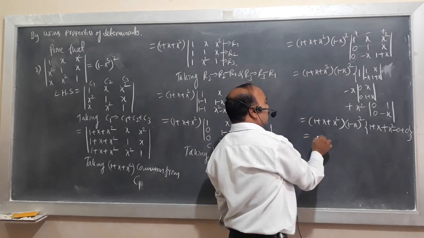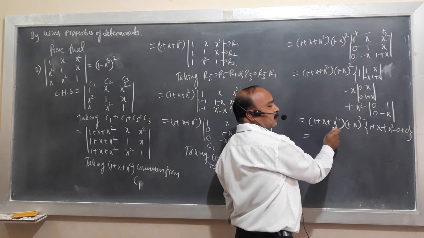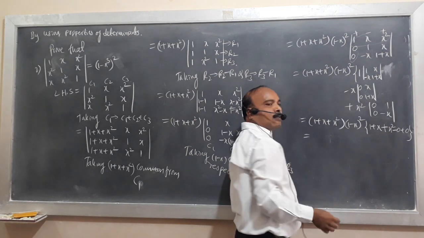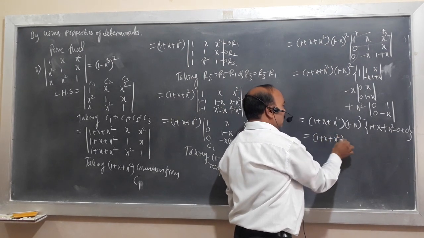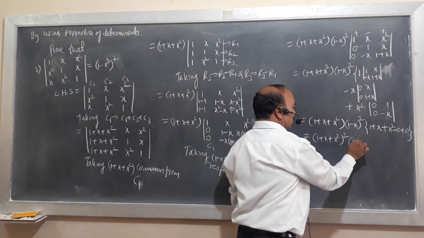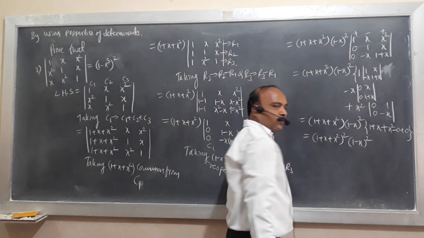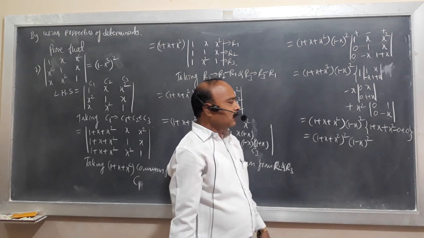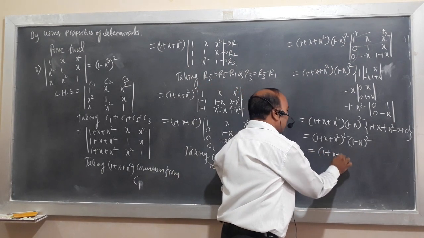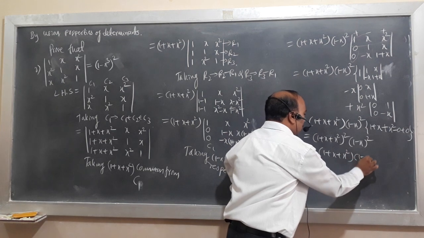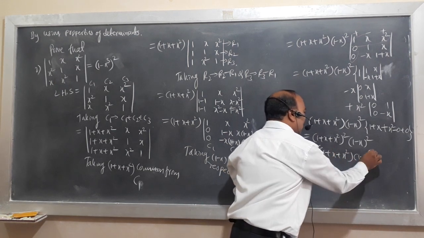Now it is equal to 1 plus x square, it is also 1 plus x square, we are getting 1 plus x square whole square into 1 minus x whole square as it is. Now I write it as 1 plus x square into 1 minus x whole bracket square.